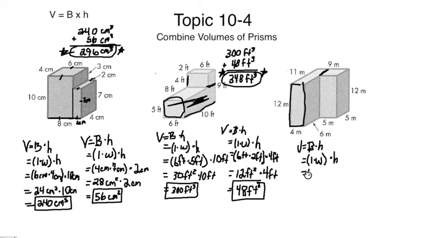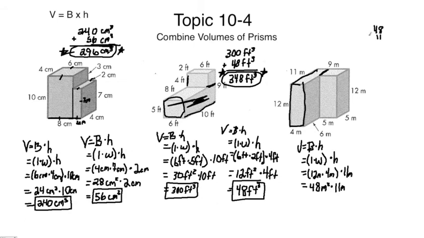I'm going to use this as my base. So I have 12 meters, multiplied by 4 meters for the width. And for the height, which is right here, is 11 meters. All right, now I can chug. 12 times 4 is 48. A meter times a meter is meter squared. And we're going to multiply it by 11 meters. So I'm going to show a little bit of work over here.